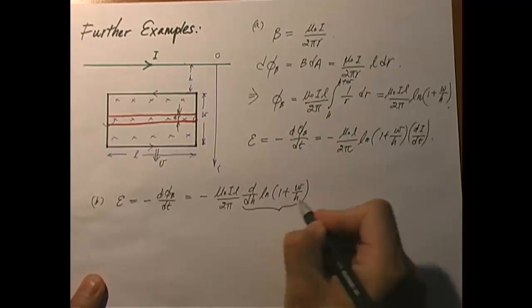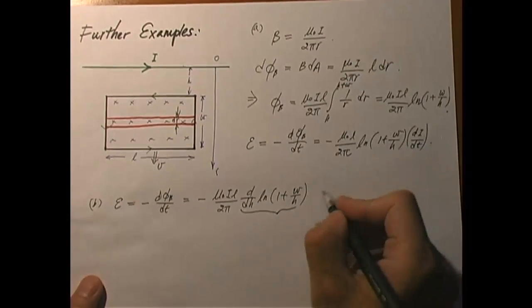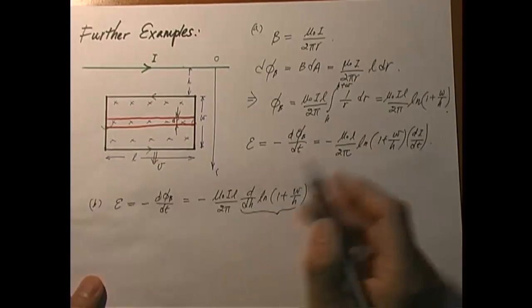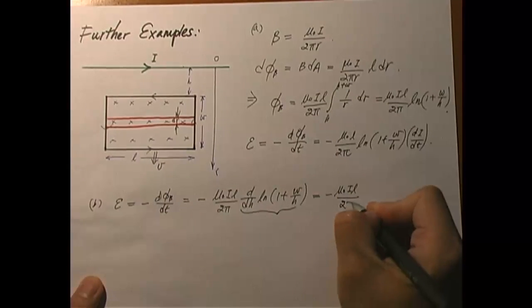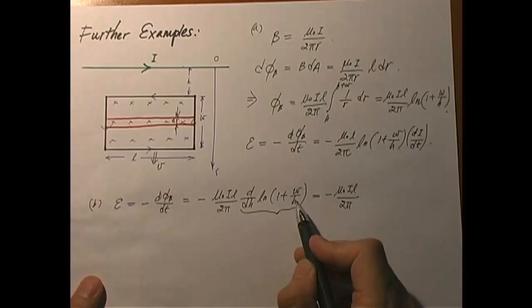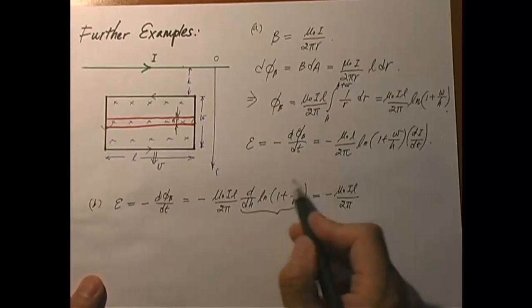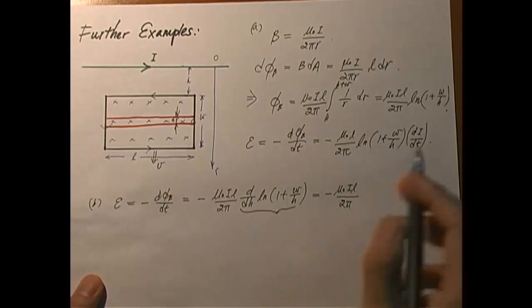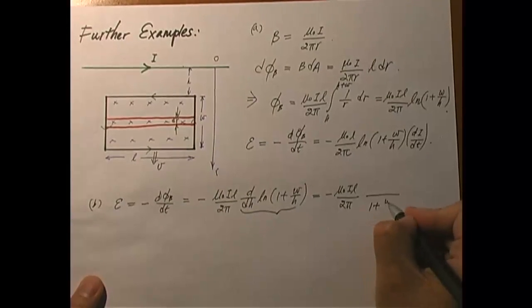So let me finish this derivative and see what we get. Let me copy these constants again: mu naught IL over 2 pi. When you take the derivative of the natural log of x, first you get 1 over x, where x is the whole thing here. So x is 1 plus w over h, so you get 1 over (1 plus w over h).